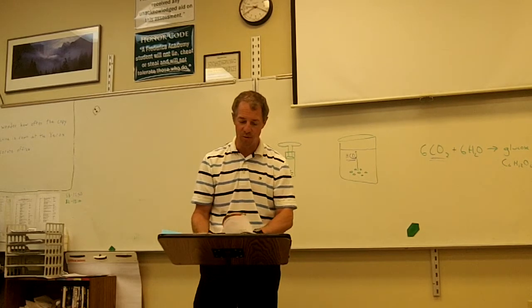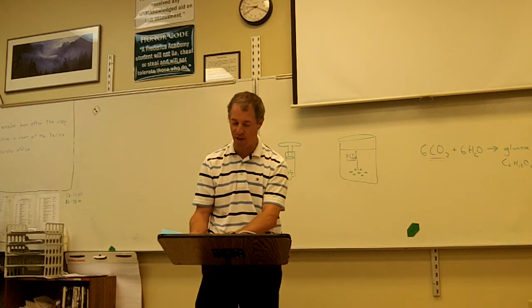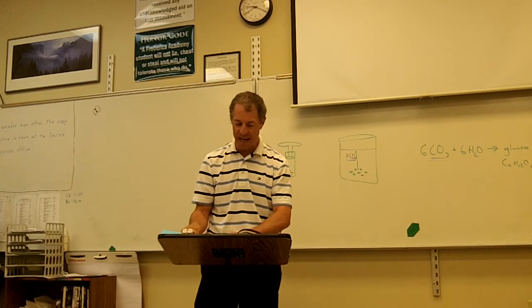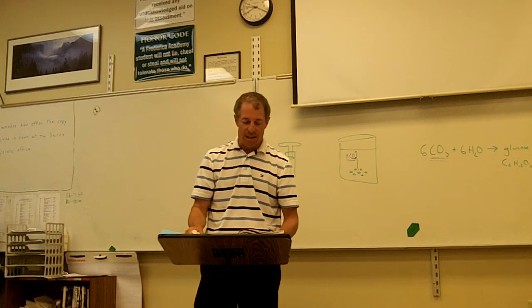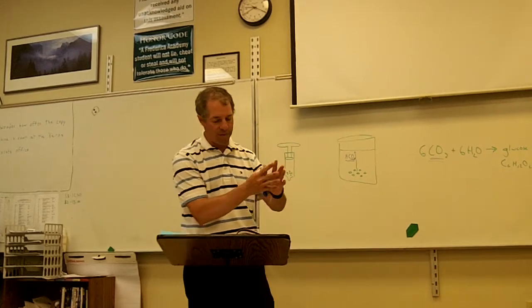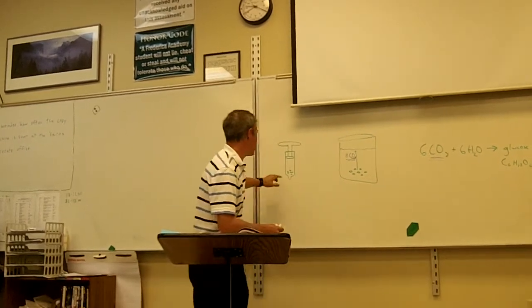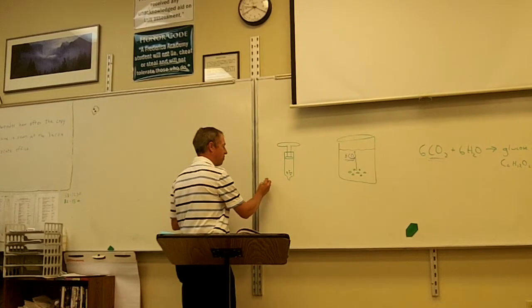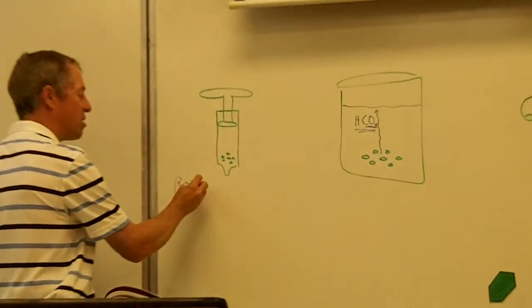Okay, so the next one was respiration, which is on S71. And the lab book talks about a whole big long lab where you're using like a syringe and you call it a respirometer. But we didn't do ours this way.